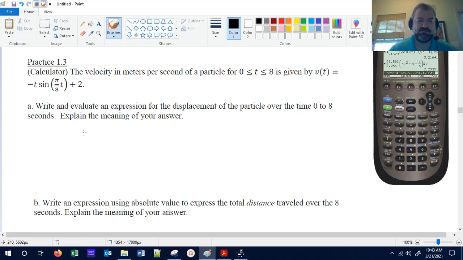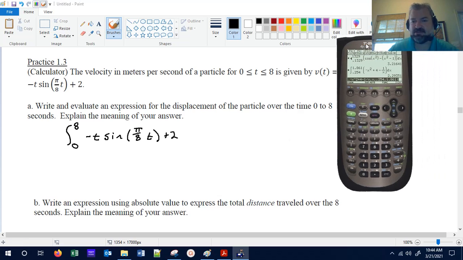It's quite possible that the particle could travel a great distance but end up back where it started, having a displacement of 0. That's simply summing all the velocity. So displacement is the integral of velocity. We'll be integrating from 0 to 8 of negative t times sine of pi over 8 t plus 2. Let's go ahead and type that in the calculator.